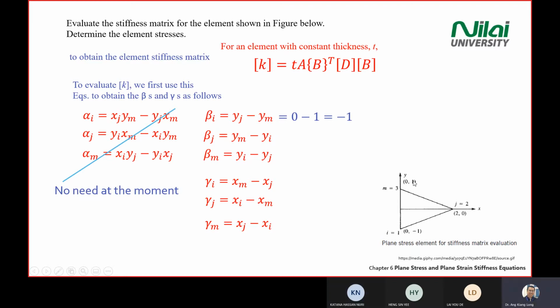This comma 0, 1 is the coordinate, the location of point M. Don't confuse 3 with the coordinate numbers. So ym will be what?